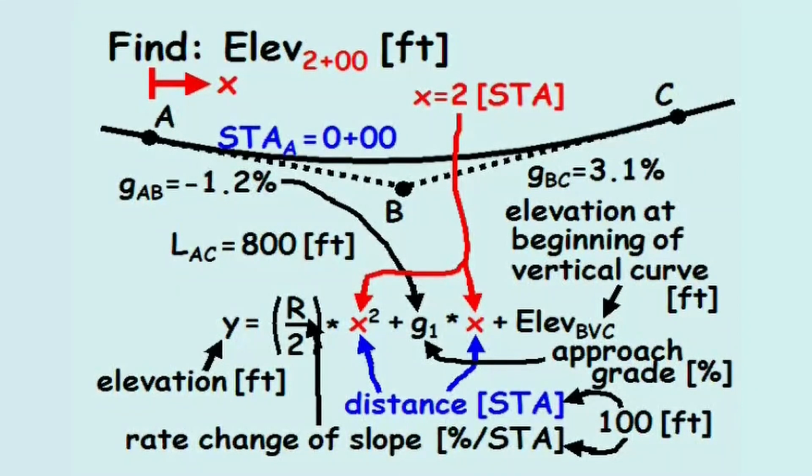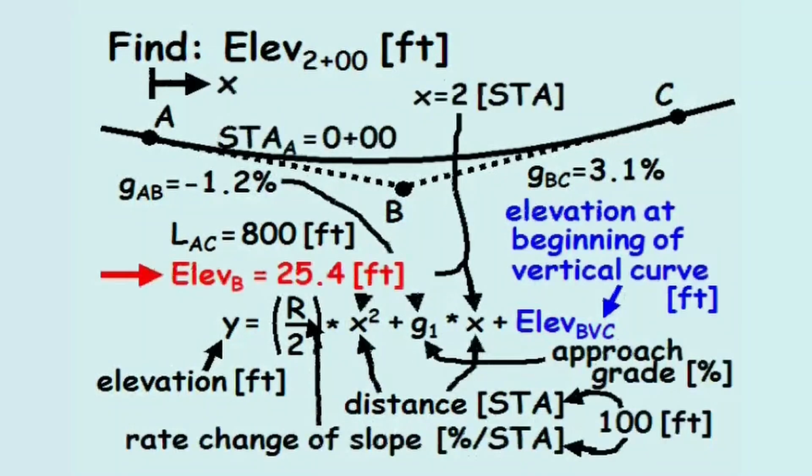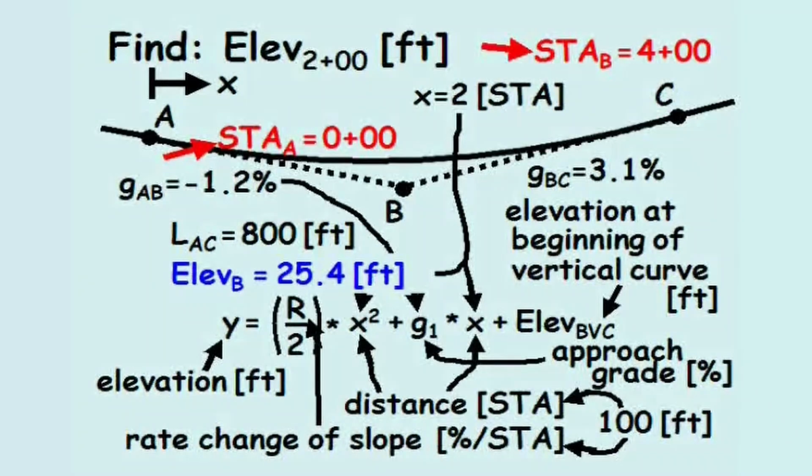We still have to solve for the rate change of slope and the elevation at the beginning of the curve. We can find the elevation at the beginning of the curve since the problem provides the elevation at point B, and since we know the stationing at points A and B, as well as the slope of line segment AB.